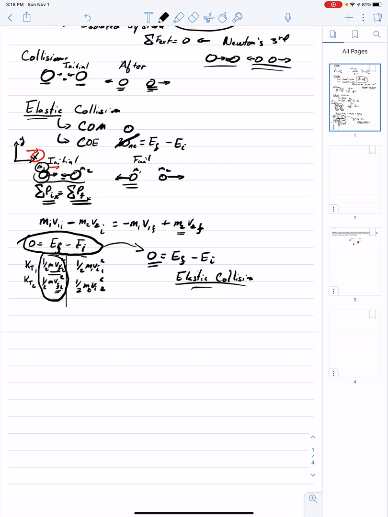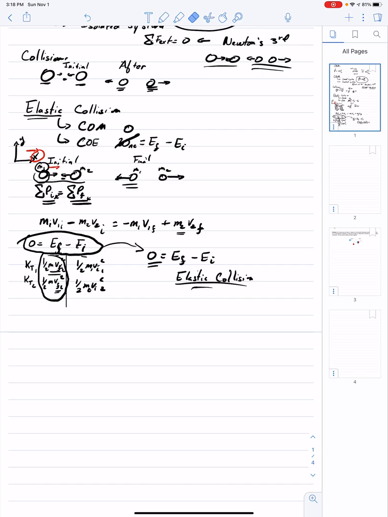Usually in a WPR, they'll probably give you something to the effect of, hey, it's an elastic collision, but just in case, for future reference, if they say, prove to me that this is an elastic collision, this is the way to do it. It's like identifying, instead of seeing this as momentum, now identify them as kinetic energies or potential energy, whatever. Usually it will be kinetic energies because they will be moving, okay?